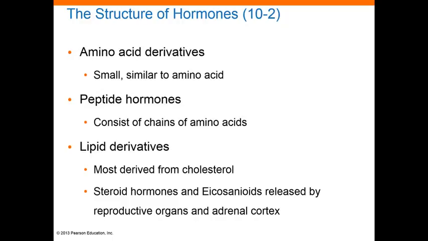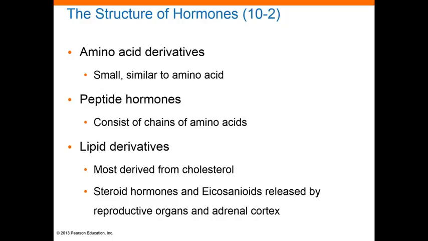Based on their chemical structures, hormones can be divided into the following three groups. Amino acid derivatives are relatively small and structurally similar to amino acids. Epinephrine, norepinephrine, thyroid hormones, and melatonin are examples of amino acid derivatives.